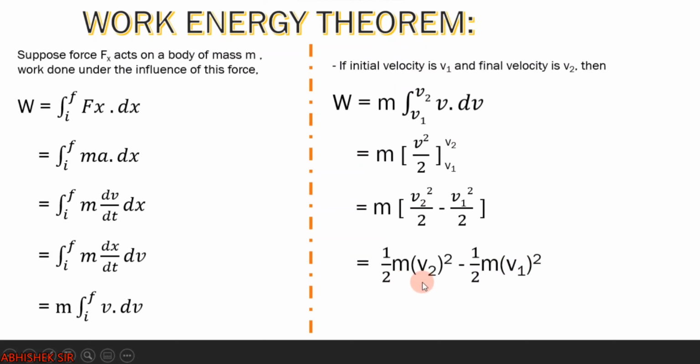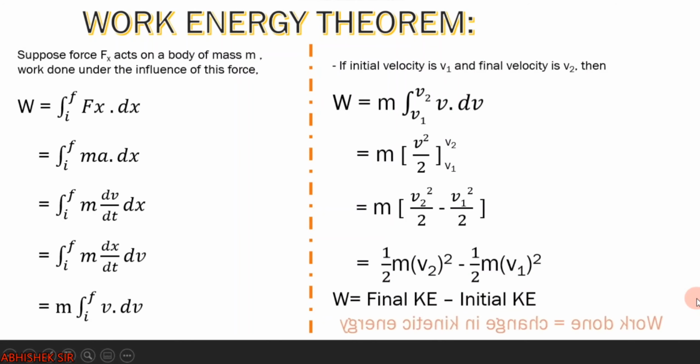Now half m v square, we have known that it is nothing but kinetic energy. So v2 square gives the final kinetic energy, and v1 square gives the initial kinetic energy. So ultimately W equals final kinetic energy minus initial kinetic energy, and this is nothing but the work energy theorem. So what does the work energy theorem say? It says that work done is equal to the change in kinetic energy of any object.